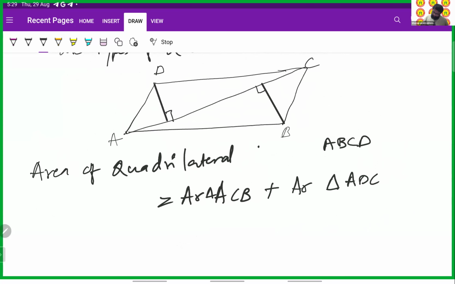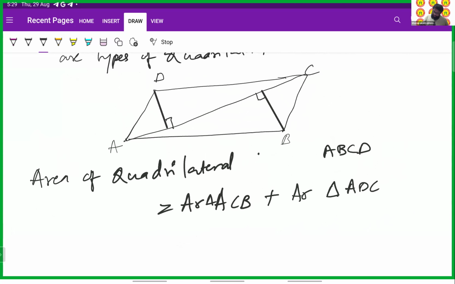So you know what is the area of a triangle? Half into base into height. Let this be H1 and this be H2. If I consider triangle ACB, half into height H2 into base AC. Similarly, for the triangle ADC above, half into H1 into AC.